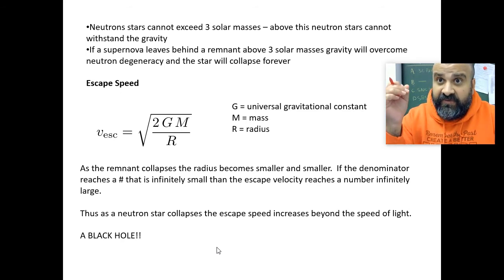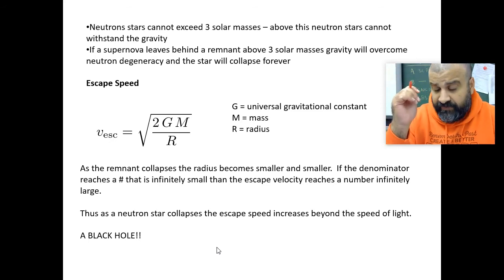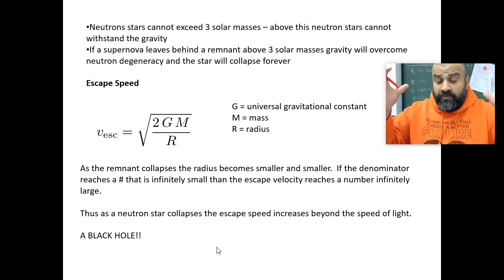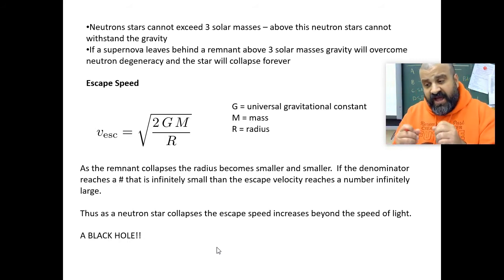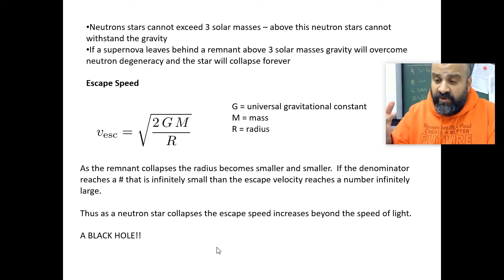And in our universe, nothing is known to travel faster than the speed of light. There's no faster than light travel. So, supermassive star, you've got the iron core collapses into a neutron star, but if that neutron star has a mass 3 times that of our sun, gravity will overcome neutron degeneracy, right?